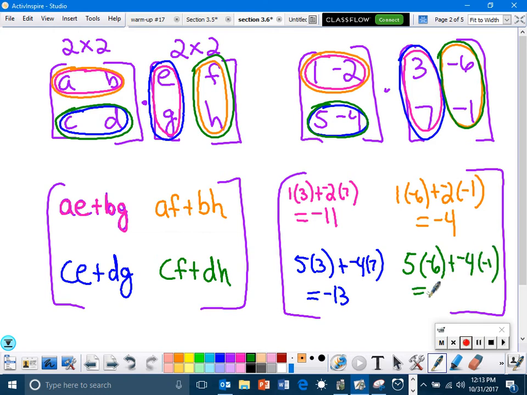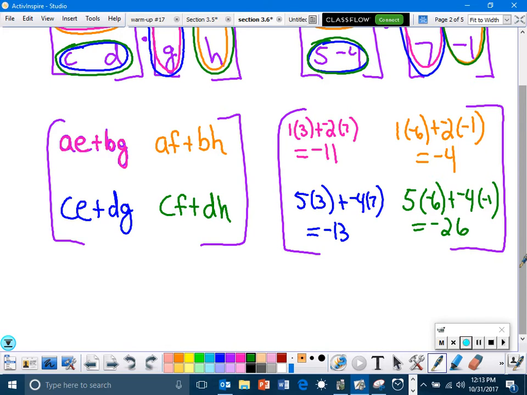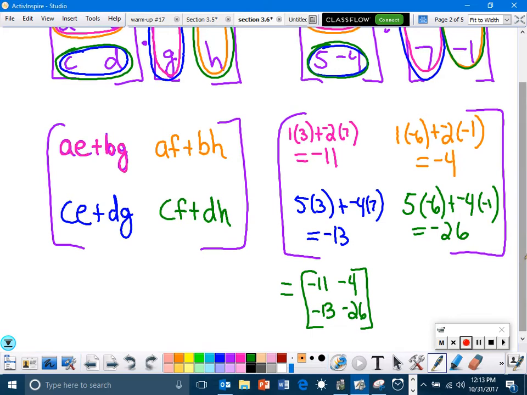Okay, solve that, and we end up with -26. Now, normally we don't show all of that work, so we will just write our answers. So we have a -11, a -4, a -13, and a -26. And that's what we should end up with when we multiply those two matrices together.